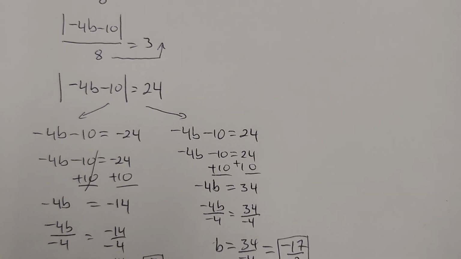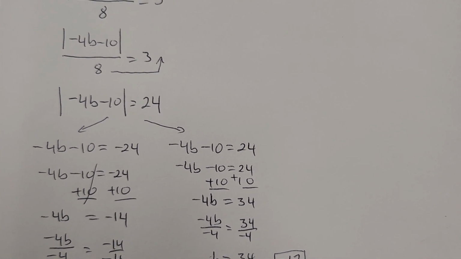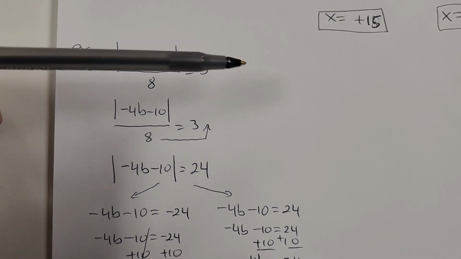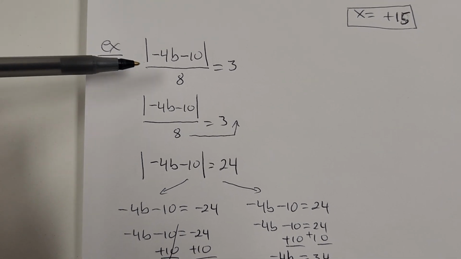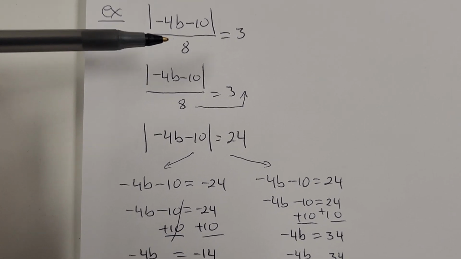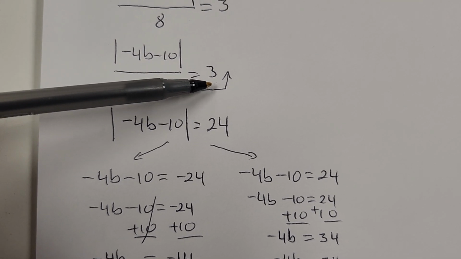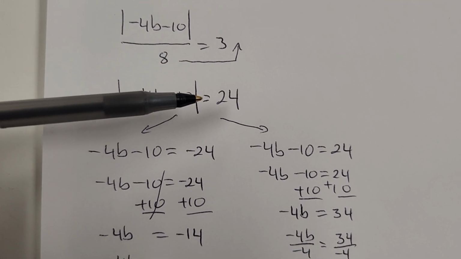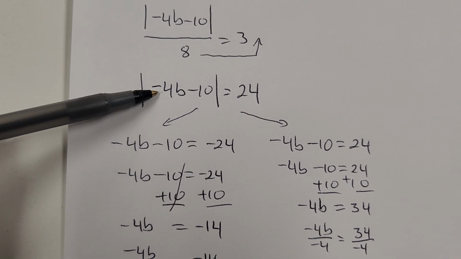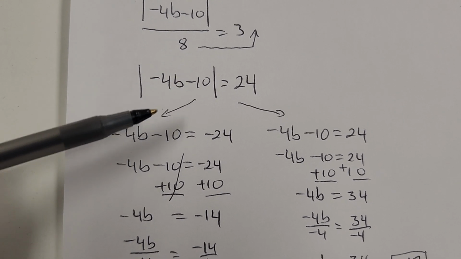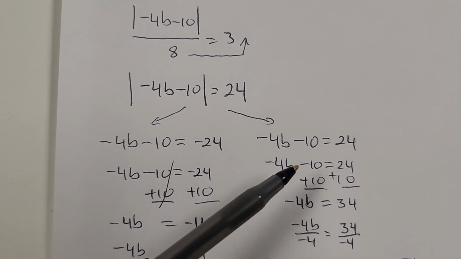Okay, so one more time. Be very, very careful that there's nothing here and nothing here. However, I have something in the bottom, so bring the 8 over. And I multiply, so that gives me 24. Okay, rewrite -4b minus 10 on the left and also on the right.